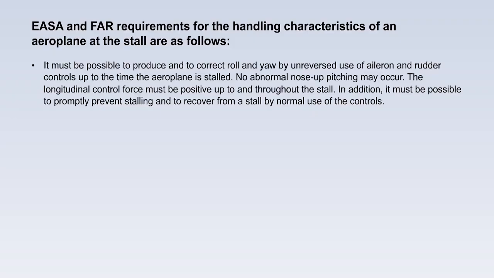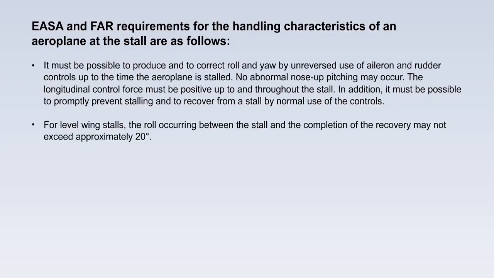In addition, it must be possible to promptly prevent stalling and to recover from a stall by normal use of the controls. For stalls with wings level, the roll occurring between the stall and the completion of the recovery may not exceed approximately 20 degrees.